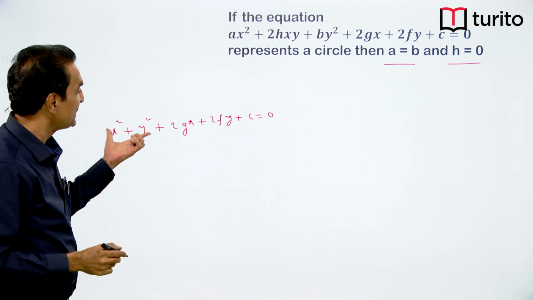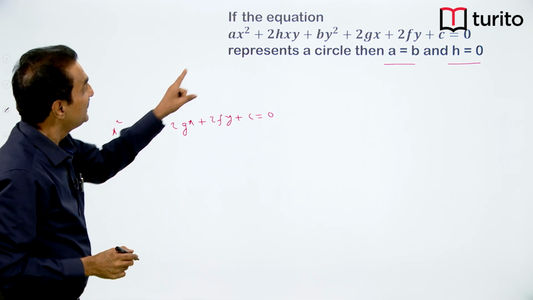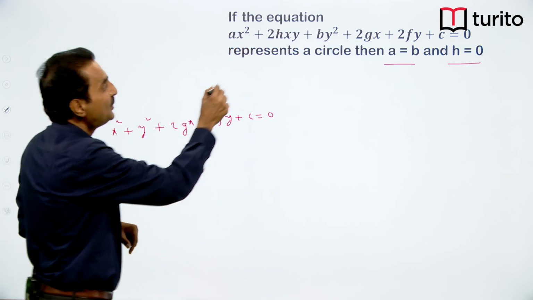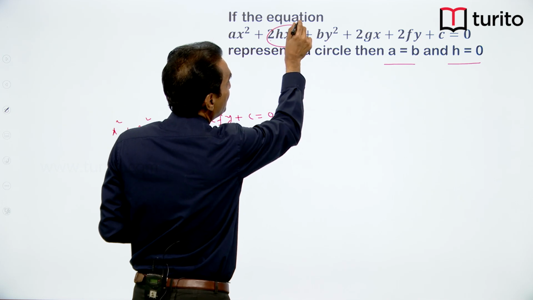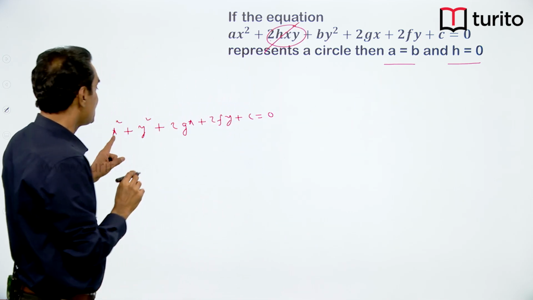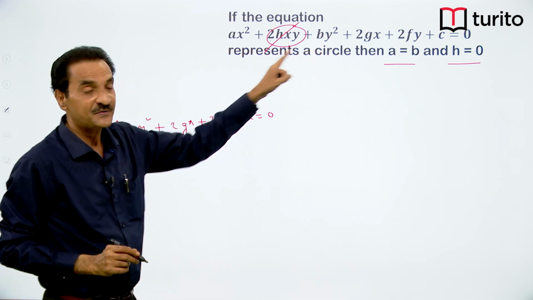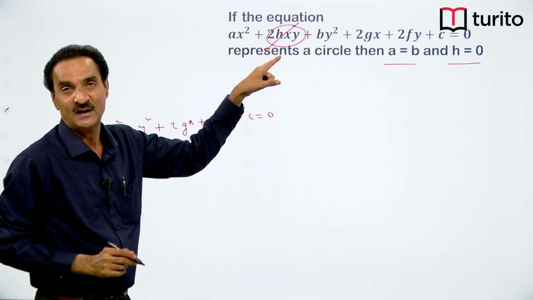The equation of the circle must be in this form. If this is a circle, there will be no xy term, so h will be 0. And also x square coefficient and y square coefficient need not be 1, but they must be equal.